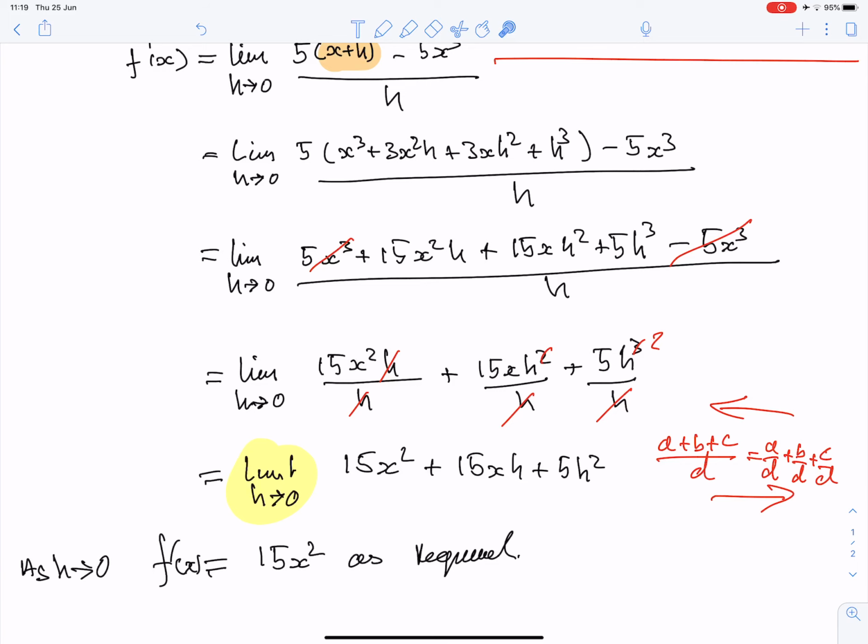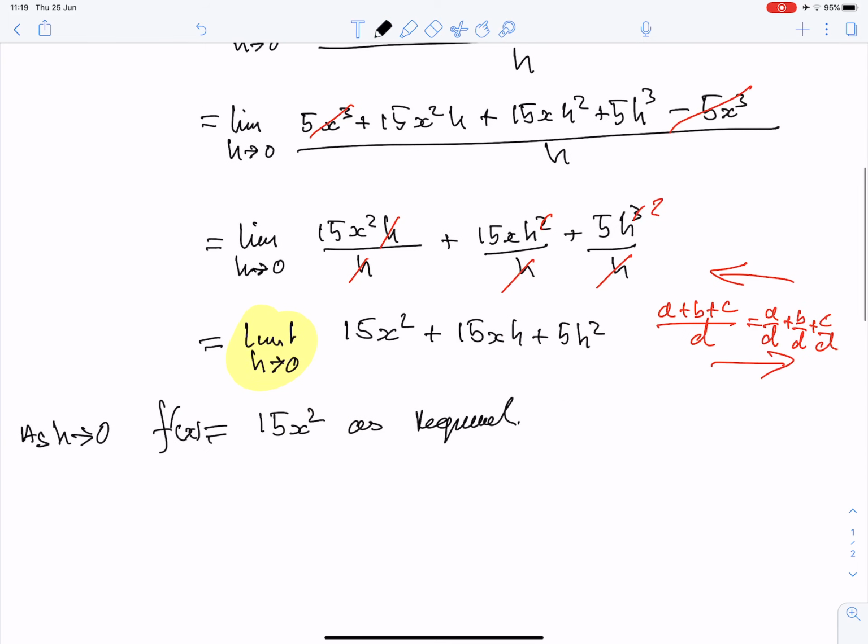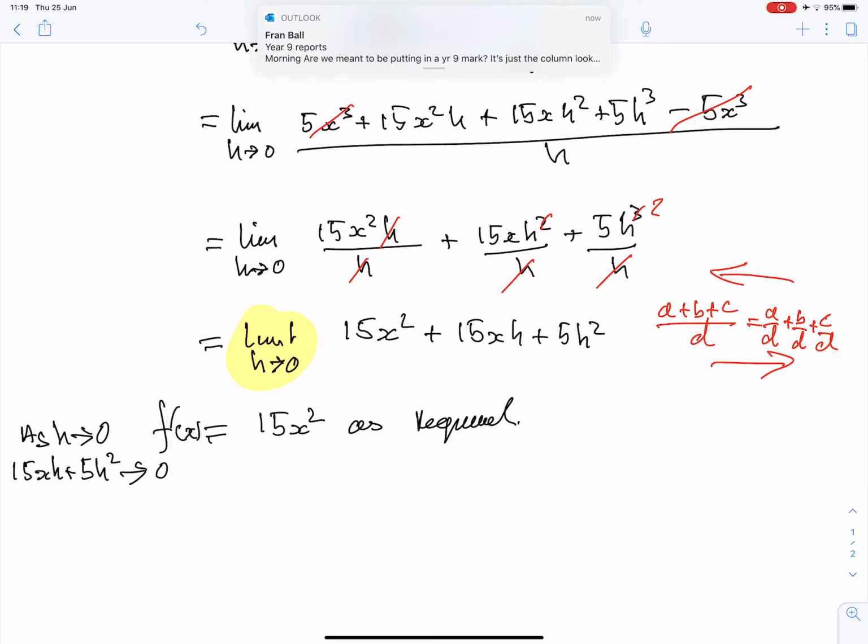And we could write that down over on the left-hand side here for completeness: as h tends to 0, 15xh plus 5h squared tends to 0. That might be perhaps more complete, as necessary. That's certainly implied in this first part.